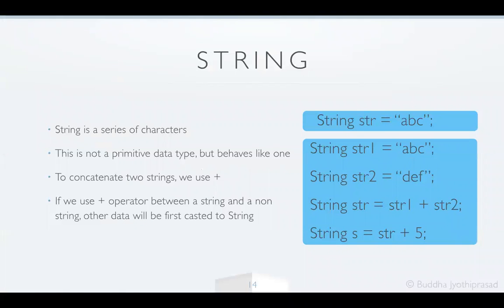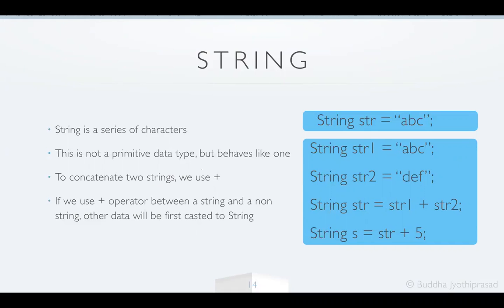String data type as shown here: ABC, DEF, they are all string literals. str1, str2, they are string variables. And to create a string data type variable, we use String. That's not a keyword. It's a class or a custom data type that they have created.